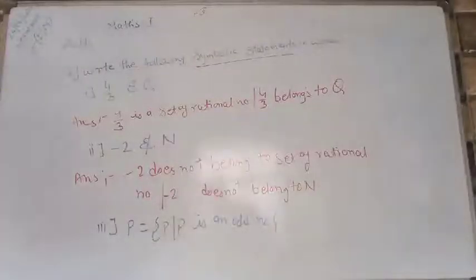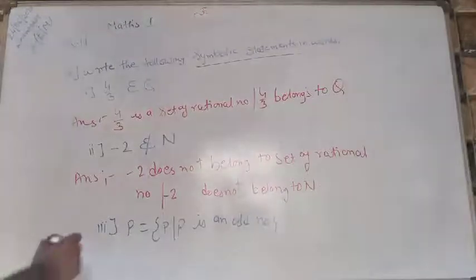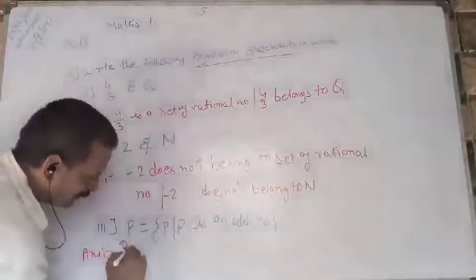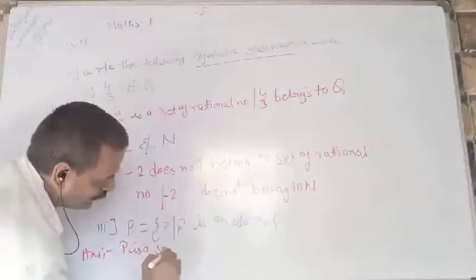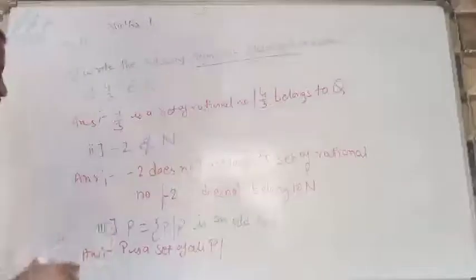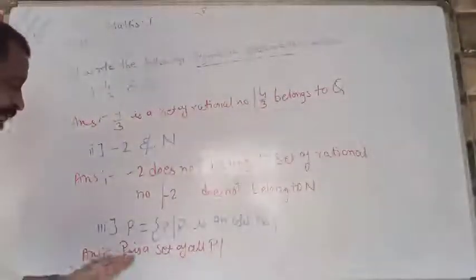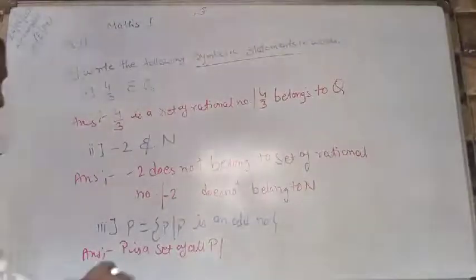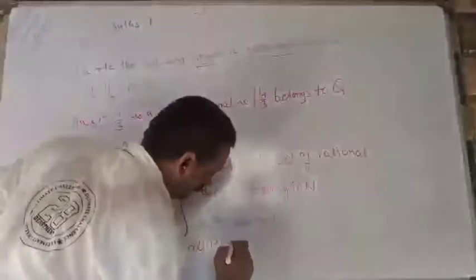Now we see the answer. First, P is the set of all P, and second, P is an odd number.